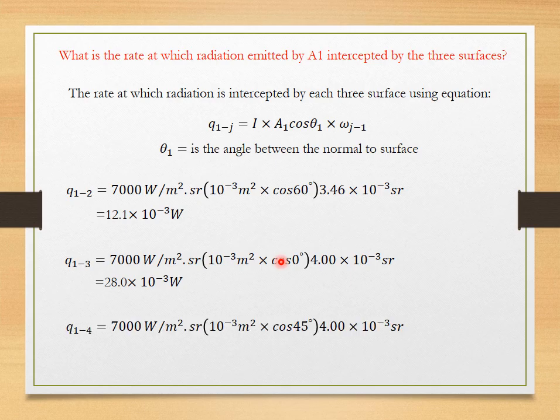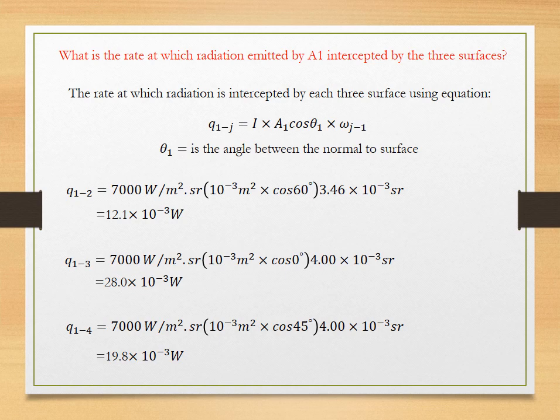And finally, Q14, with the same irradiance and same area but a different angle, which is 45 degrees, times the same solid angle as in Q13, 4 times 10 power negative 3 steradian, and you should get 19.8 times 10 power negative 3 watt.